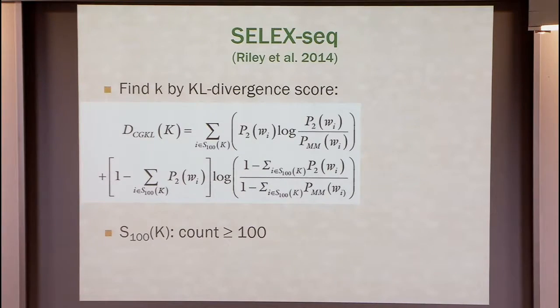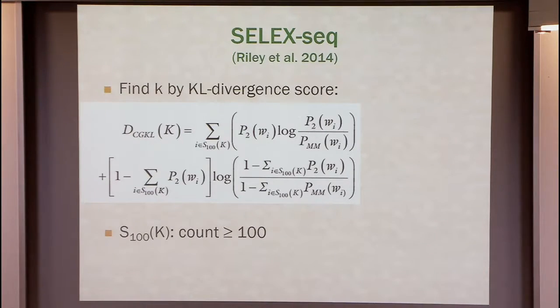KL divergence gives us the distance between two distributions in bits, or how many random bits we need to add to one distribution to have the other. They do that over all k-mers that have a count of more than 100. Some k-mers appear very few times, so we don't want to use them, but most k-mers appear with a count of more than 100.